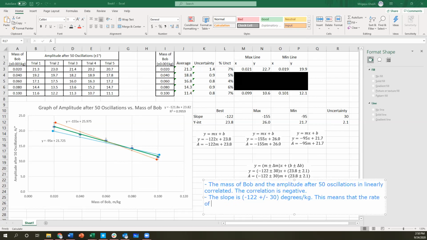I don't want to say rate of change because that implies derivatives and instantaneous, which is what we do in calculus. In this case, you could say that the amplitude changes at a rate of negative 122 plus minus 30 degrees per kilogram.